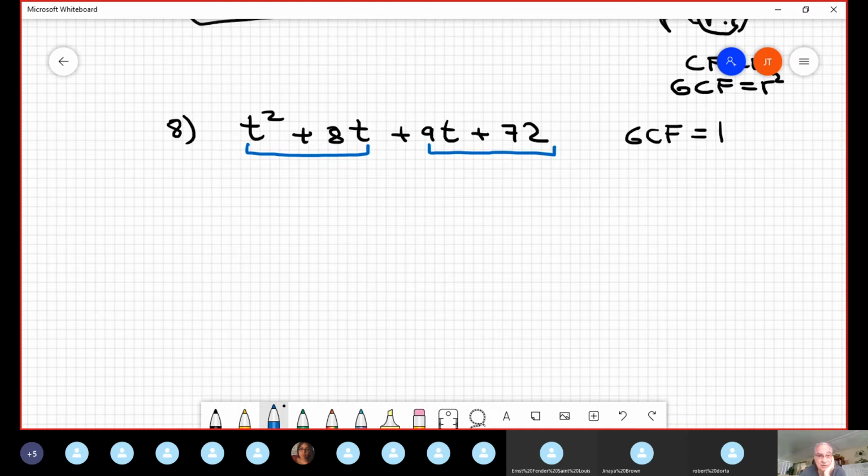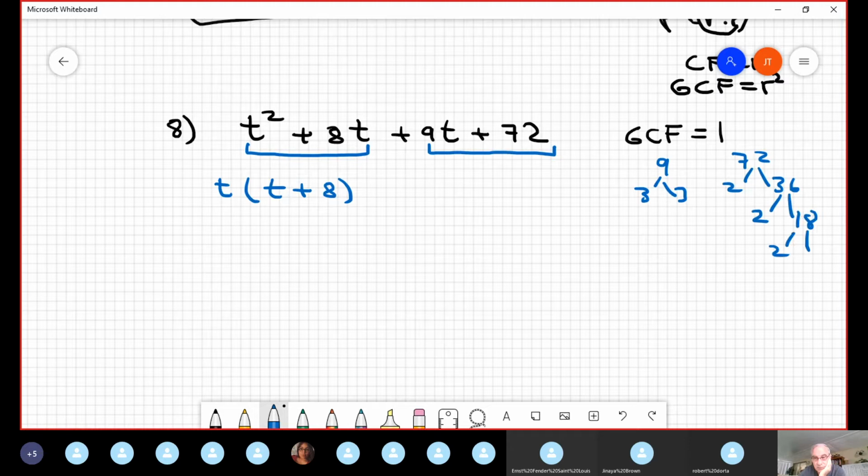What is the GCF between T squared and AT? Please help me. T, only one, very well. T plus A. What is the GCF between 9 and 72? 9 is 3 times 3. 72 is 2 times 36. 18, 2 times 9, 3 times 3. Entonces, it is 9.